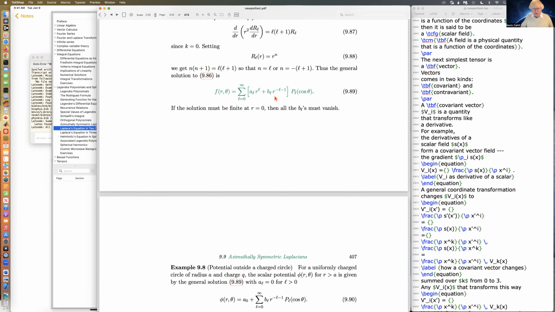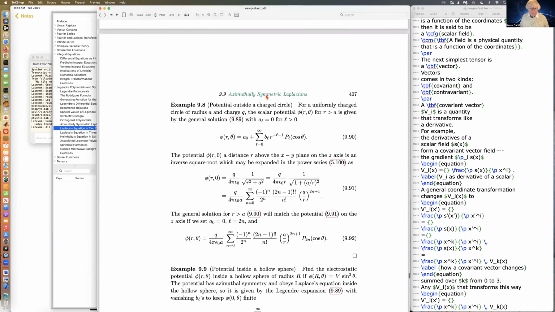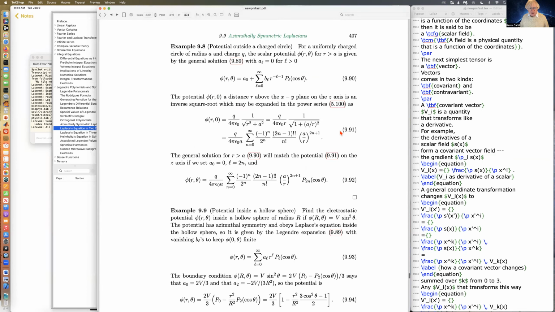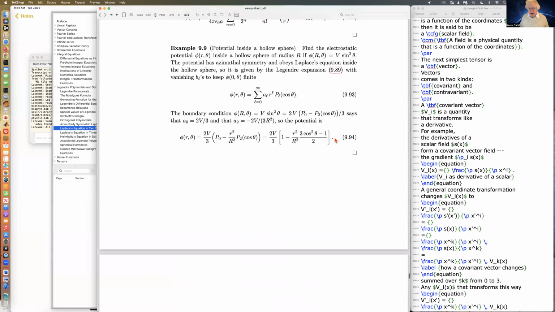These are things that you've probably seen in electrostatics classes. And I used them either yesterday or Tuesday to show you how to do the potential outside a charged circle. That is relevant to the homework to do Monday. Unfortunately, I did this example on Tuesday or Wednesday. Anyway, the potential inside a hollow sphere.